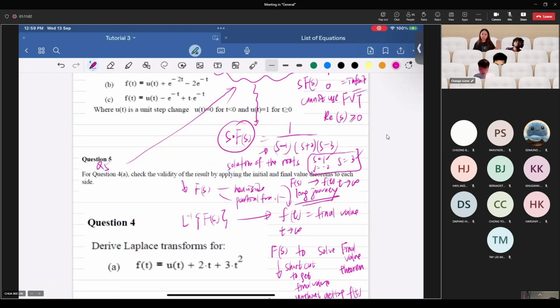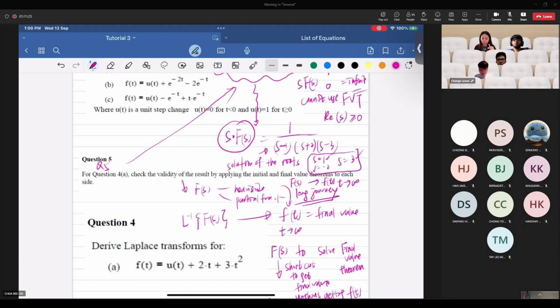For example, ramp input 1t, the S response becomes 1 over S squared. What is a ramp input? Give another scenario. For every 1 unit of time, let's say I increase by 4, then my xt will be 4t. This is far more important than busily copying the whole thing to get the answer. Put some notes there.